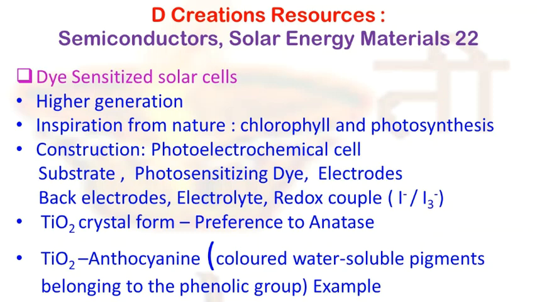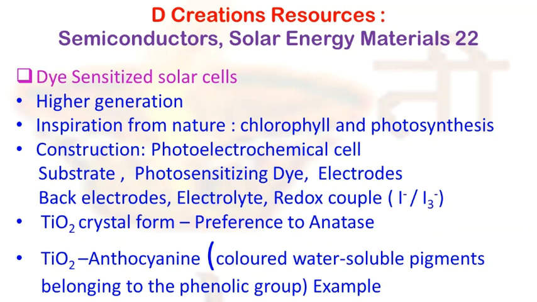So in simple terms, the basic operation of dye sensitized solar cells requires I3- or I- redox couples in an electrolyte solution. In the photo-excitation process, the electron is absorbed by the dye and then transferred to the photoanode, which consists of n-type TiO2 semiconductor.